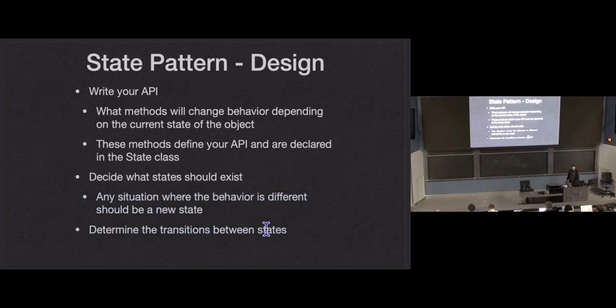The next two steps are a bit trickier. Decide what states should exist and the transitions between the states. For this, what I recommend doing is think through what your calculator should do, go through the document, all the features that should exist, and ignore all the undefined behavior too.